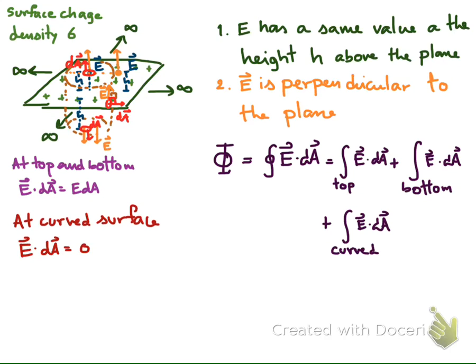But we know that E dot dA is equal to 0 at the curved surface, so this term is 0.